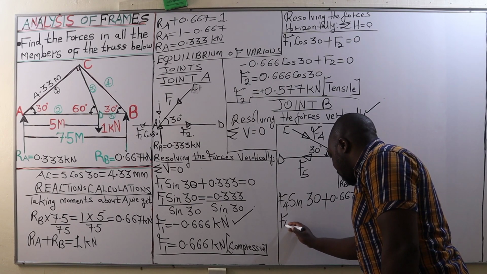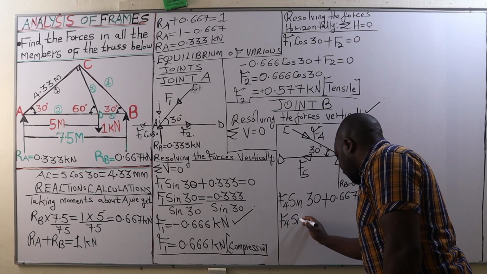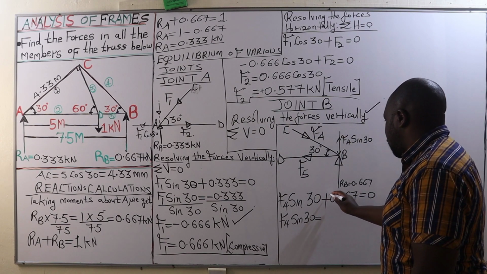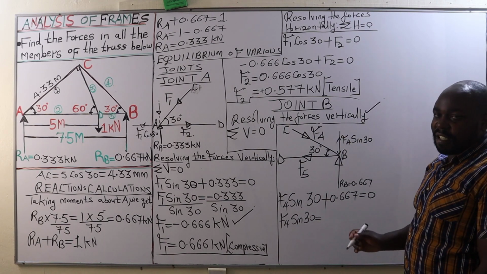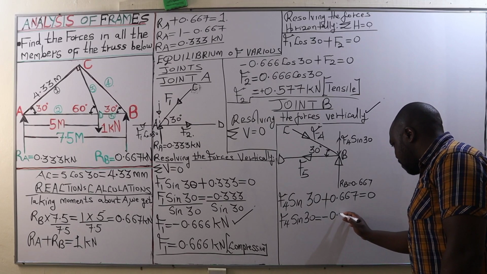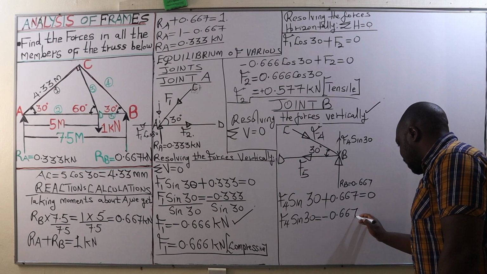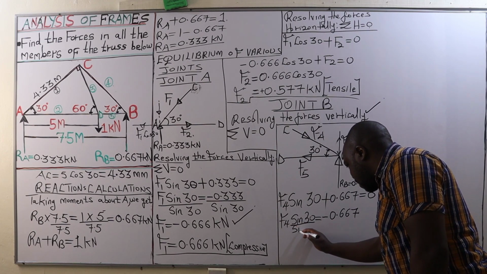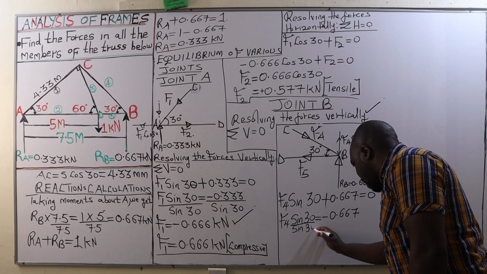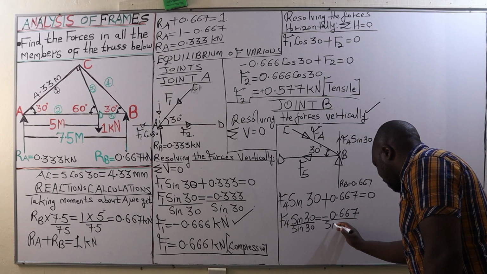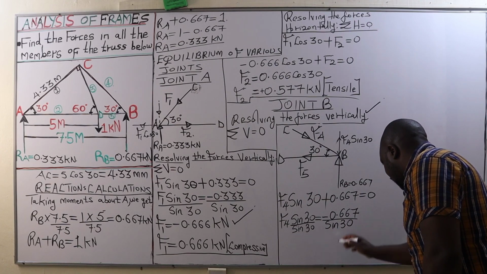And it's going to be F4 sine 30 is equal to, taking positive 0.667 to the other side of the equal sign, negative 0.667. Dividing through by sine 30, we divide both sides by sine 30.